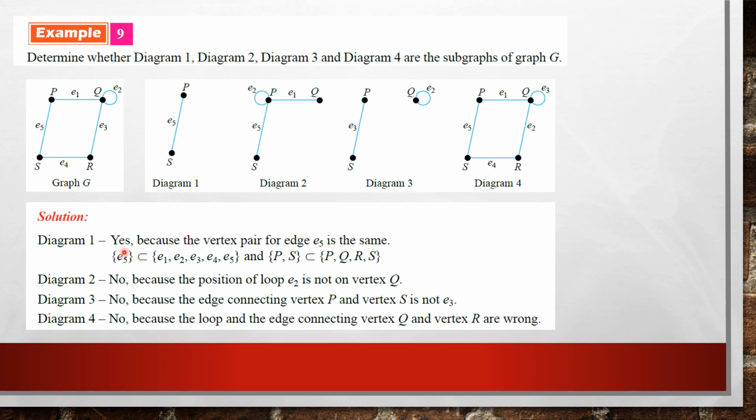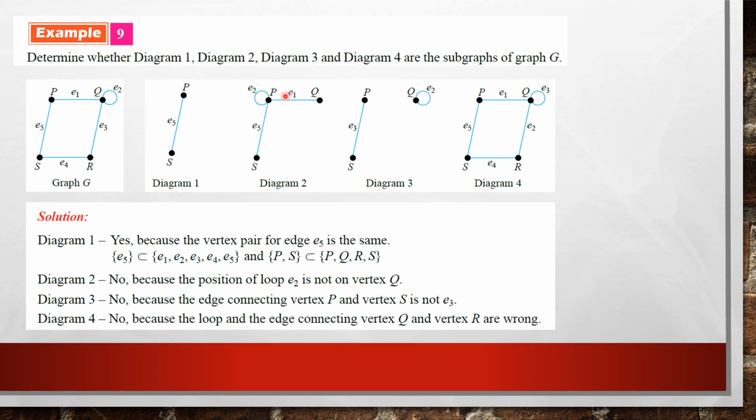Diagram 1 is the subgraph because the vertex pair for E5 is the same. That means this part, the line that connects P and S, is the same as graph G.